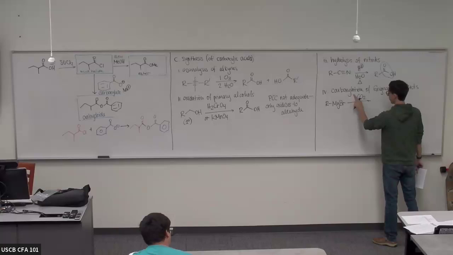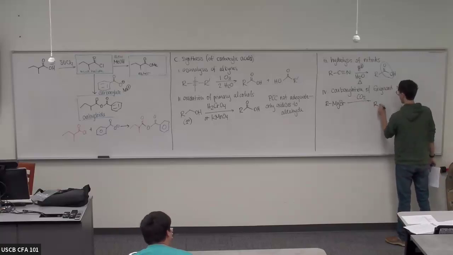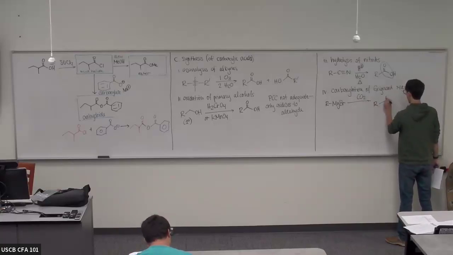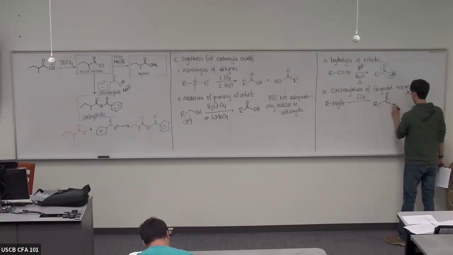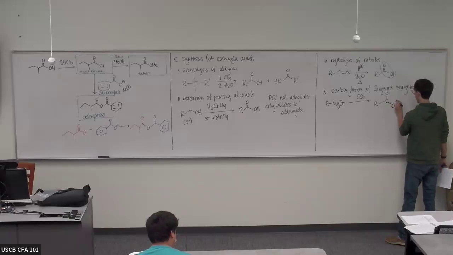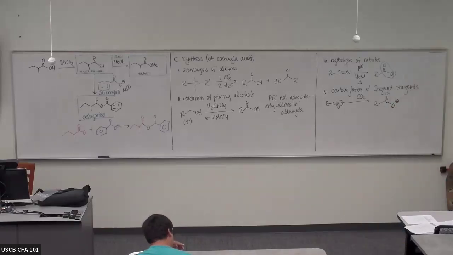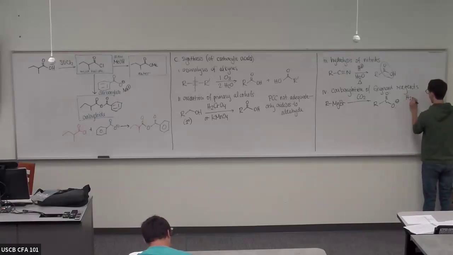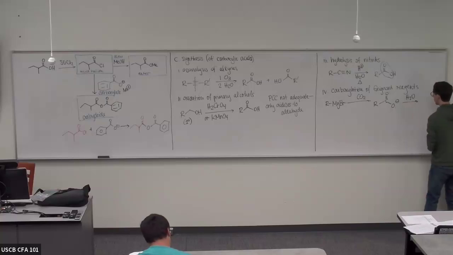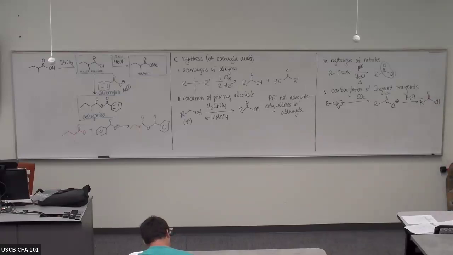Do CO2 first, and our CO2 just attaches to the R group. And then when we add water or a little bit of acid, we get our carboxylic acid.